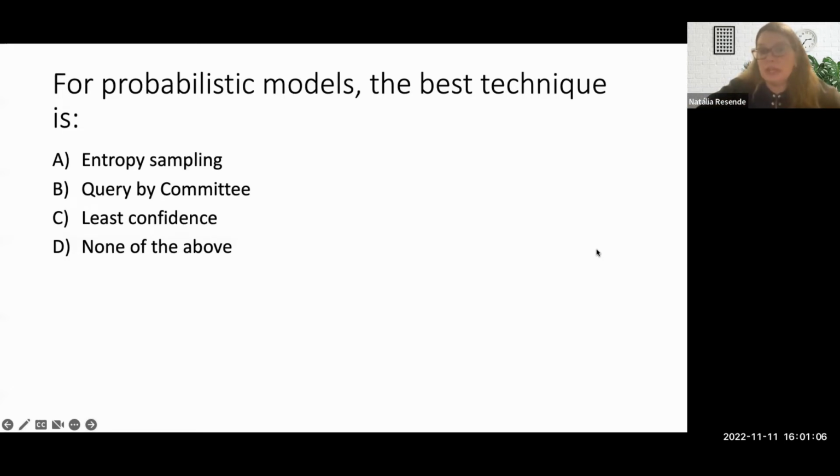And we can also use least confidence, using the normalized least confidence. So for probabilistic models we can use all of these strategies. Does that make sense? Yeah, this one was the tricky one.